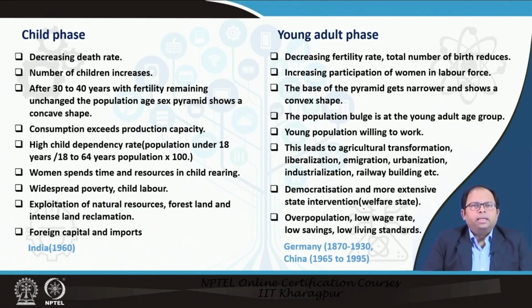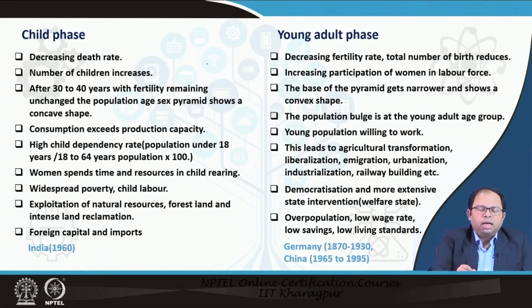So, in the child phase, that is at the beginning, almost like a pre-industrial society as we are discussing, both birth rates and death rates were high, and then gradually the death rate starts decreasing. So, the number of children starts increasing in this society, and after 30 to 40 years with fertility remaining unchanged, the population age-sex pyramid shows a concave shape.